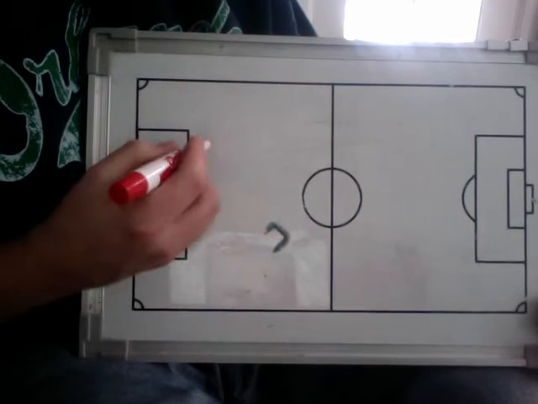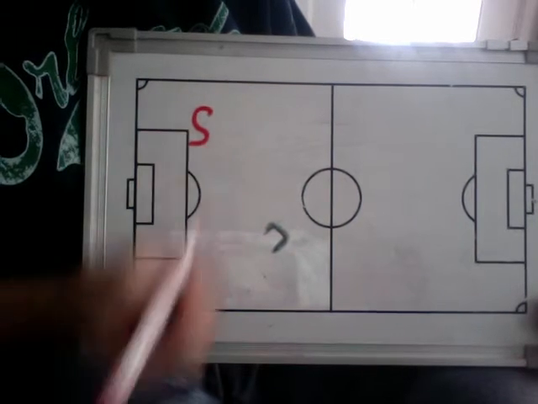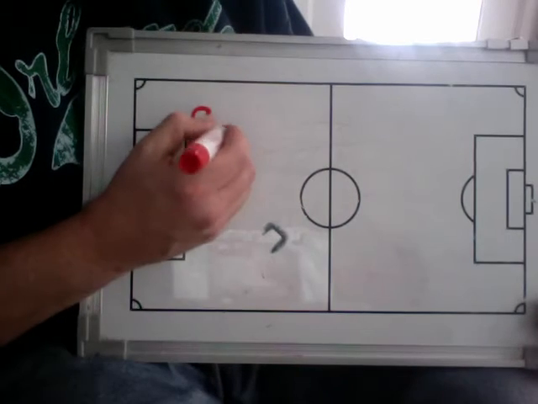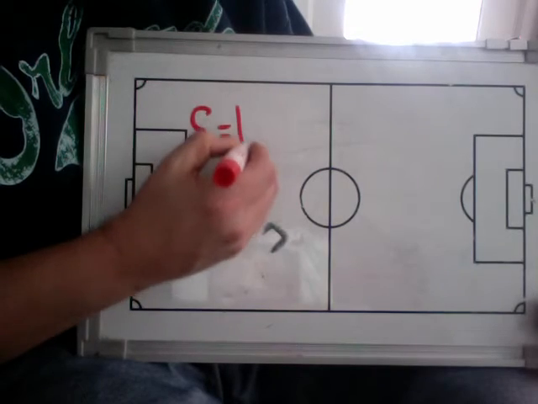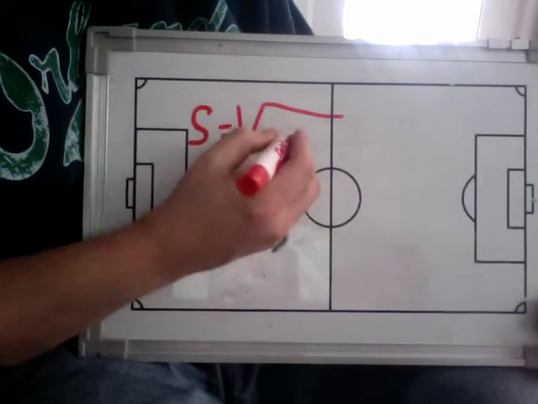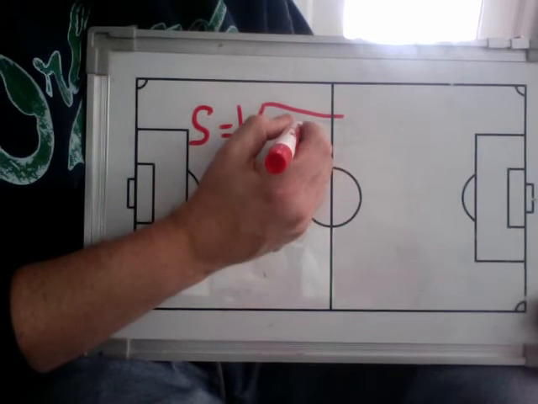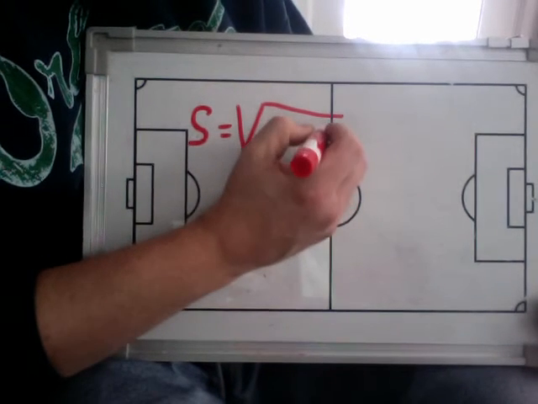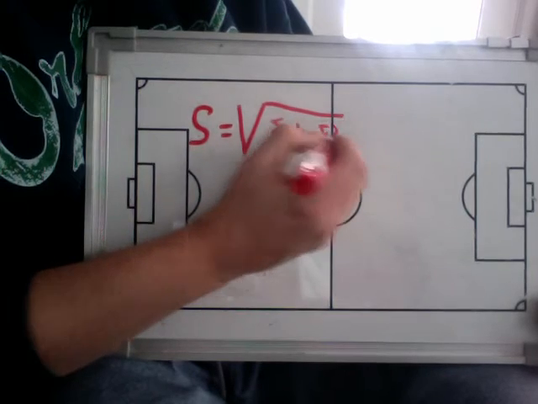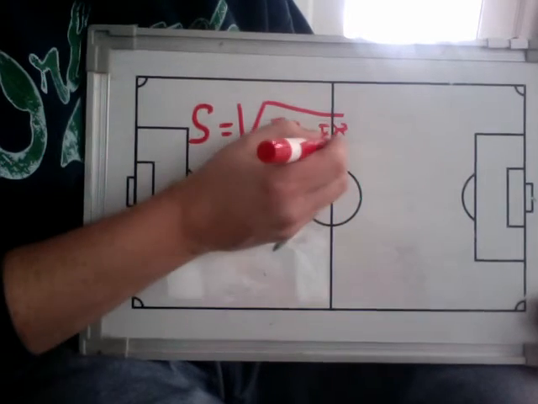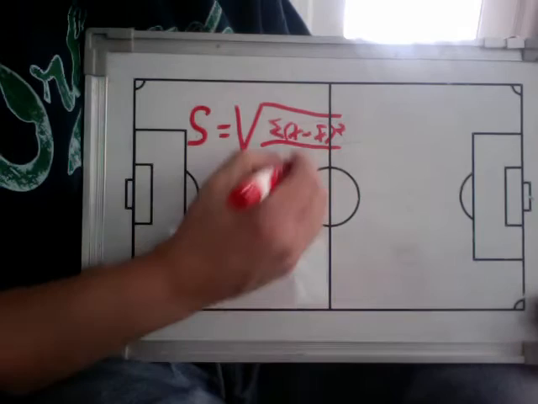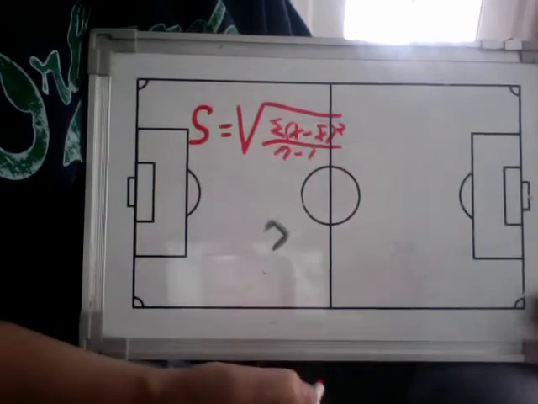Alright, so the formula for the sample standard deviation, S, is equal to the square root of the sum of each of the x values minus the mean, squared, divided by n minus 1.